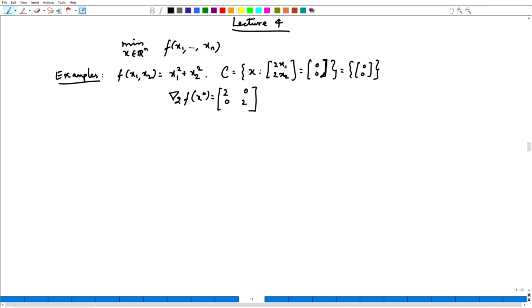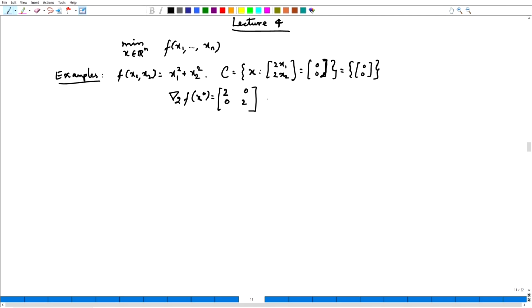Okay. So, when you differentiate 2 x1 you get 2, when you differentiate this with respect to x2 you get 0, 2 x2 when you differentiate with respect to x1 you get 0, and when you differentiate this with respect to x2 you get 2. Okay. All right, so this is at any x star. So, not just at 0, 0, at any x star the Hessian is [2 0; 0 2].